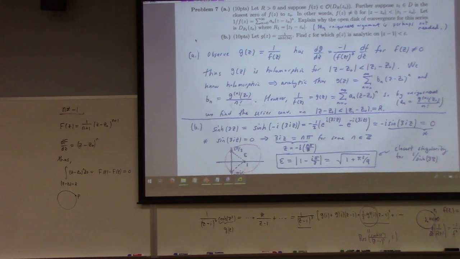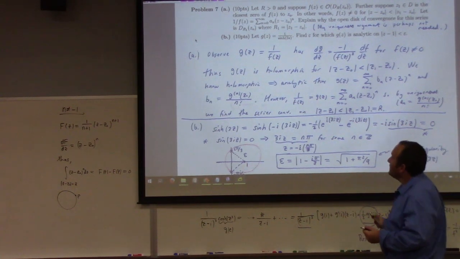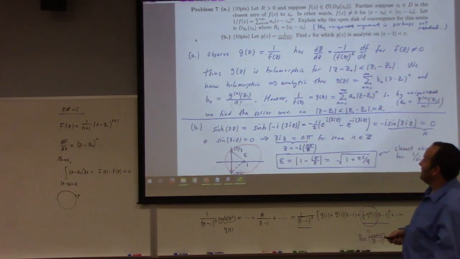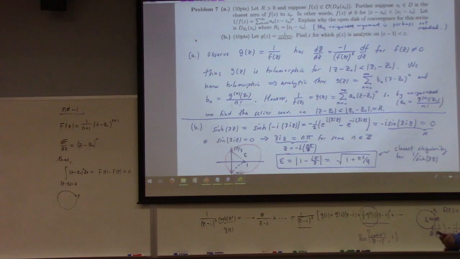So what I'm trying to get at here is, if you know that there's a divergence for the function which it's modeling, like 1 over f of z is the series. This series is defined by the reciprocal function, right? So what I wanted you to do is tell me something about why that reciprocal function is holomorphic where it is.